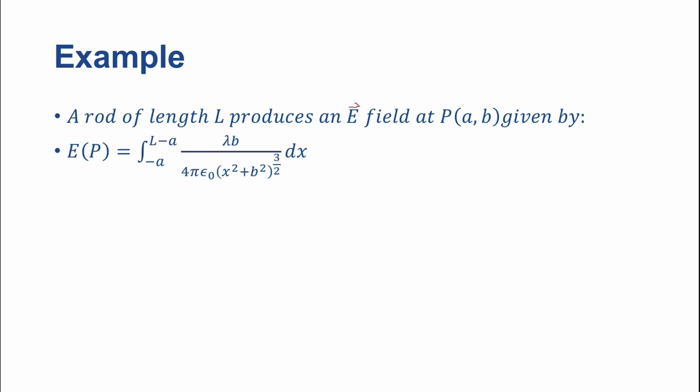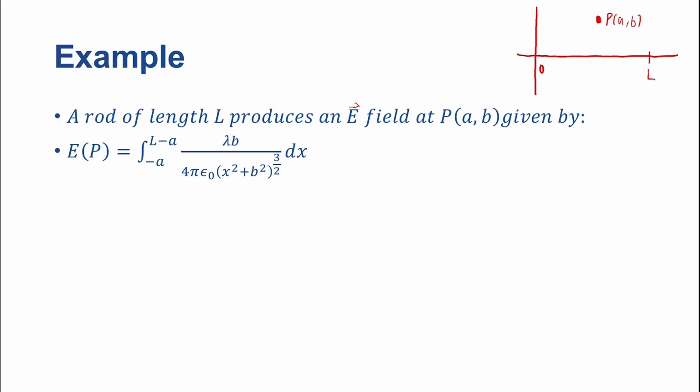In this case, the way we can picture this is we've got the y-axis here, we've got the x-axis there, and we've got a rod between 0 and L. And we've got a point somewhere out here. Let's call this P. So this is point A comma B. And we consider some of our constants that we haven't covered yet.